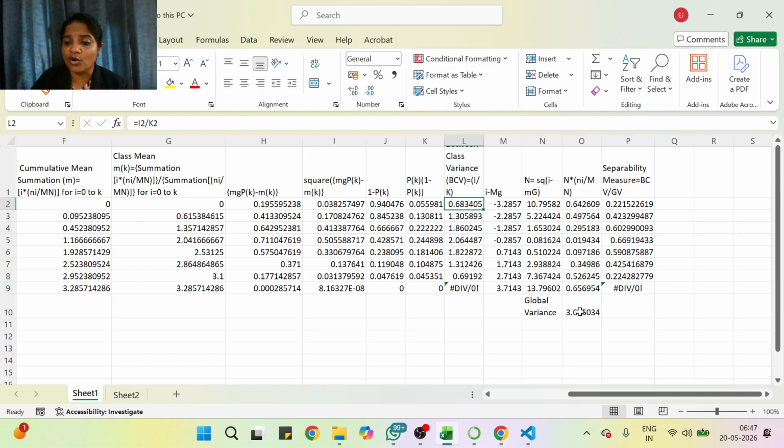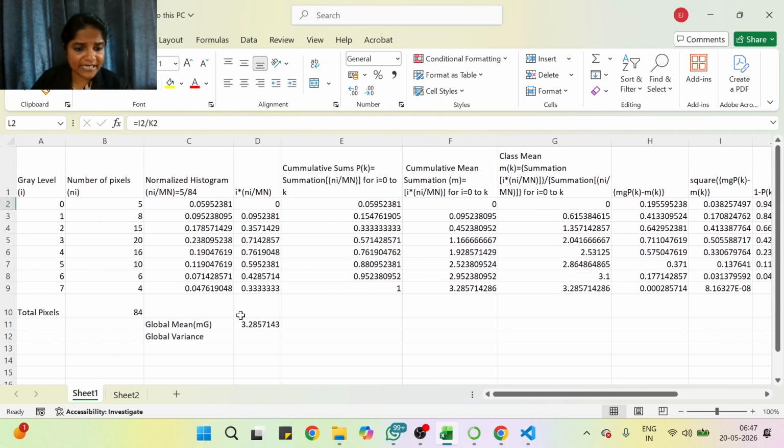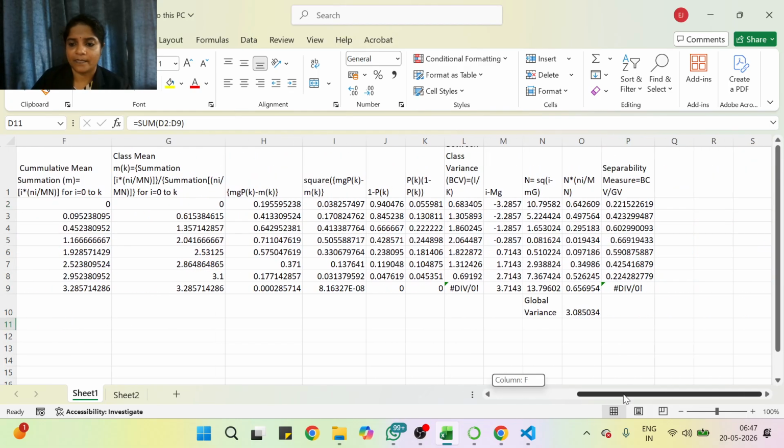Then we calculate the global variance. How do you calculate the global variance? Square of I minus mg, where I is the intensity value and mg is the global mean. We have calculated the global mean here. Then the separability measure is going to be L2, where L is the between class variance, divided by the global variance for each case.